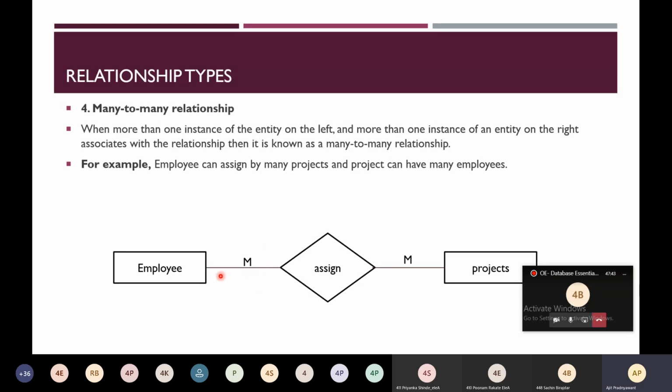M indicates this employee set having many instances in the relationship assigned, whereas this projects set has many instances in the relationship assigned. So this is the example of a many-to-many relationship. You can have any number of examples. I have taken only one example here to understand what is meant by a many-to-many relationship.